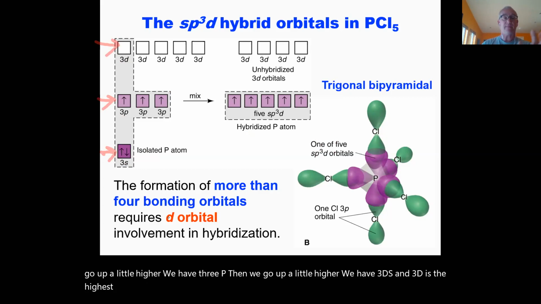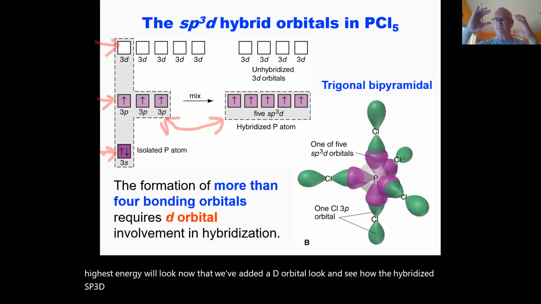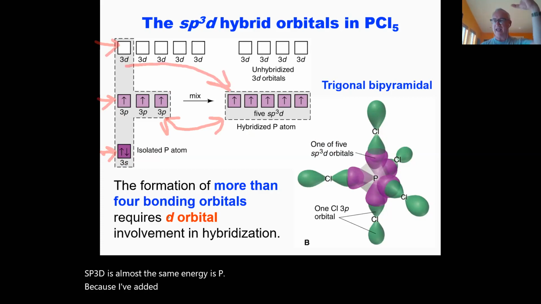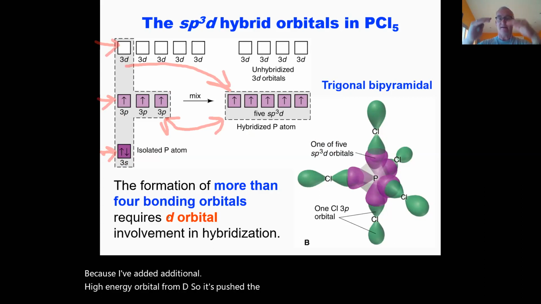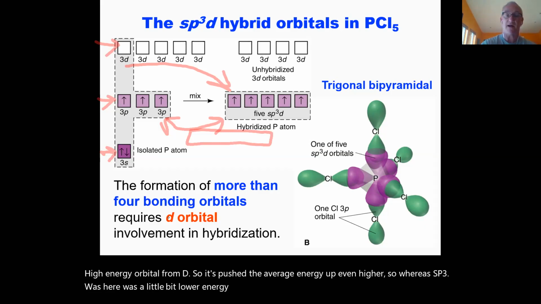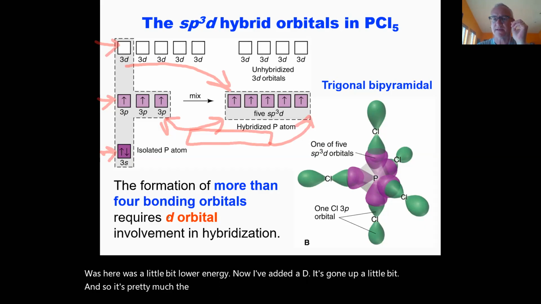Now that we've added a d orbital, look how the hybridized sp3d is almost the same energy as p, because I've added an additional high energy orbital from d. So it's pushed the average energy up even higher. Whereas sp3 was a little bit lower energy, now that I've added a d, it's gone up a little bit. And so it's pretty much the same energy as a p orbital. But now I have places to put 5 electrons.